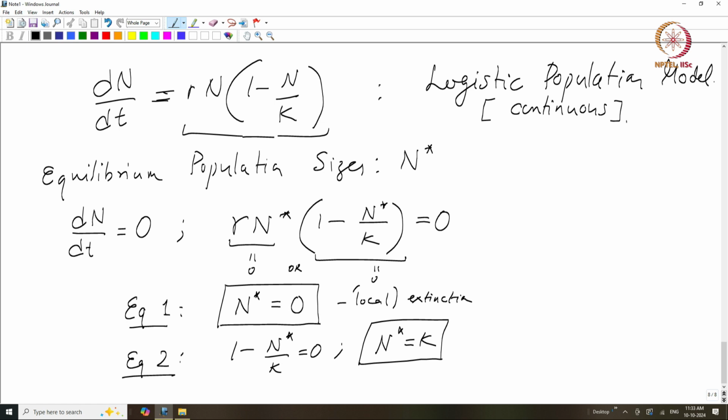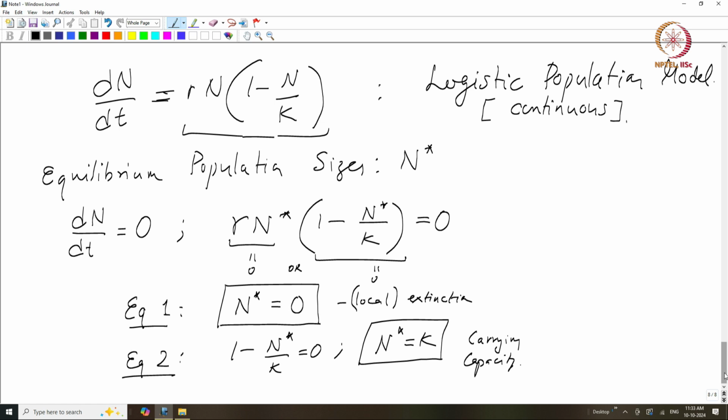I say local because we are thinking of studying a population on an island where there is no immigration or emigration, but there could be other areas where this species might be present. Or an alternative is that of carrying capacity, where n star is equal to k.